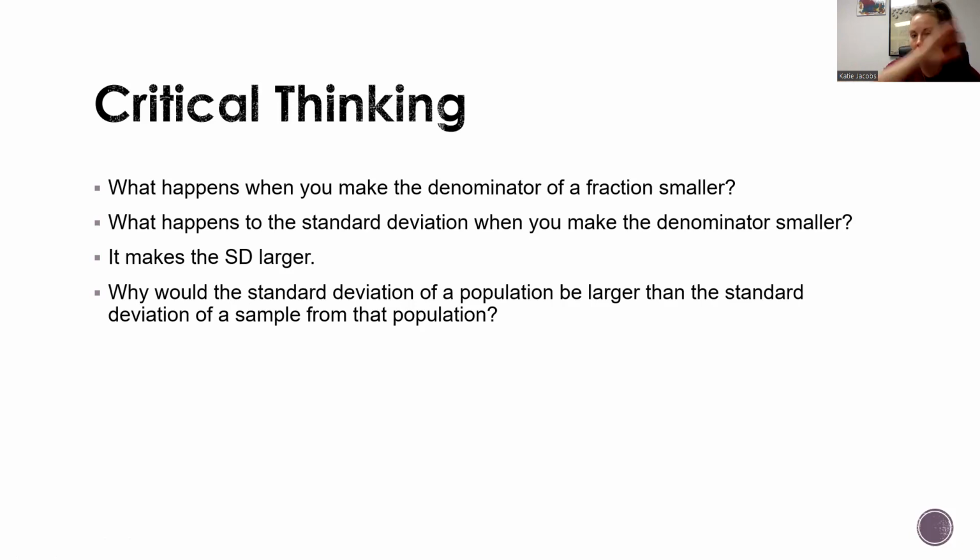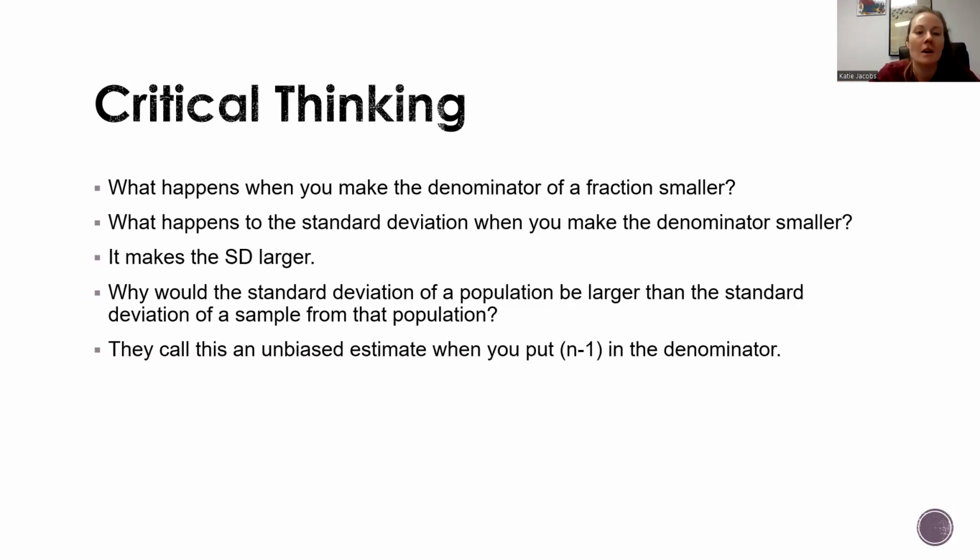If you said because in an overall population, there's actually probably more variation than you would see in a sample, that's 100% what we would do. So they call this an unbiased estimate when we put n minus 1 in the denominator. And the reason we do this is so that our sample variance and sample standard deviation more accurately represent the population that we took our sample from.